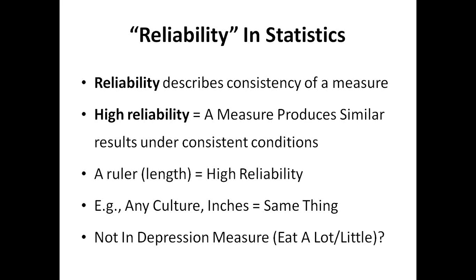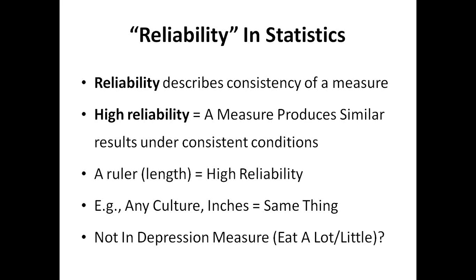And if you measure somebody's finger on another continent and their finger is 3 inches long, the ruler measures the same length, right? It's giving you those consistent results based on the same criteria: how long is a finger, how many inches is it? In any culture, the inches would be the same thing.